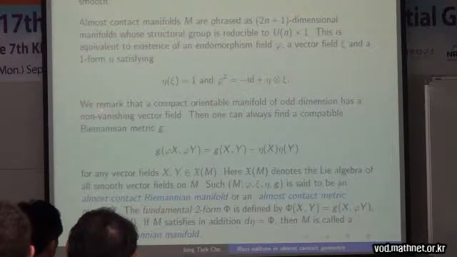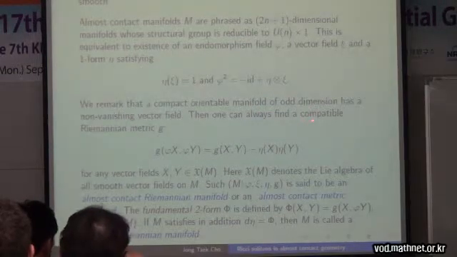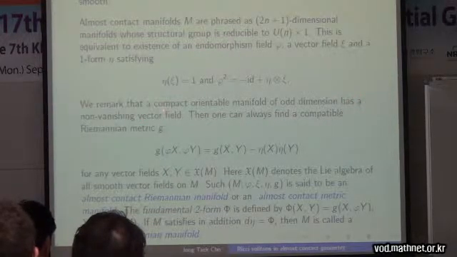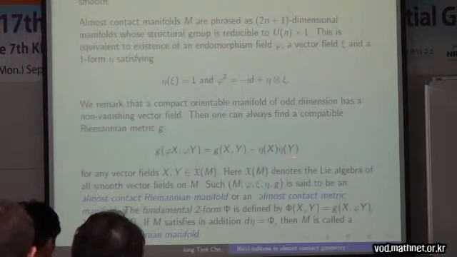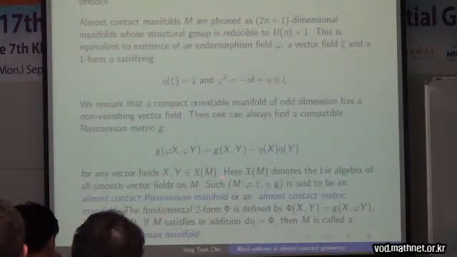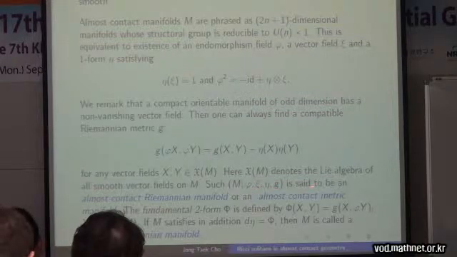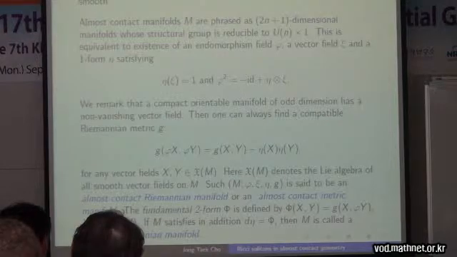Here we remark that a compact orientable manifold of odd dimension has Euler characteristic 0, and then it has a non-vanishing vector field. Anyway, one can always find a compatible Riemannian metric satisfying this relation for all vector fields X and Y. Such (M, phi, psi, eta, g) is said to be an almost contact Riemannian manifold or an almost contact metric manifold.